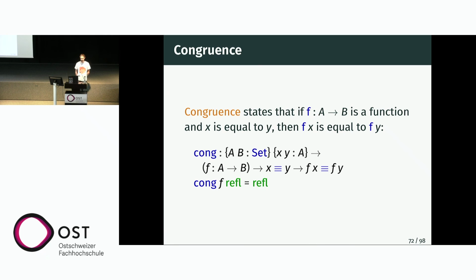So how can Agda type check this if it cannot evaluate f of x? Well, it doesn't need to evaluate f of x because you can pattern match on the proof of x equals y, right? So then x and y become equal, and then f of x is the same as f of x. That's just reflexivity. We don't need to evaluate the f of x any further because the two sides have become equal already.